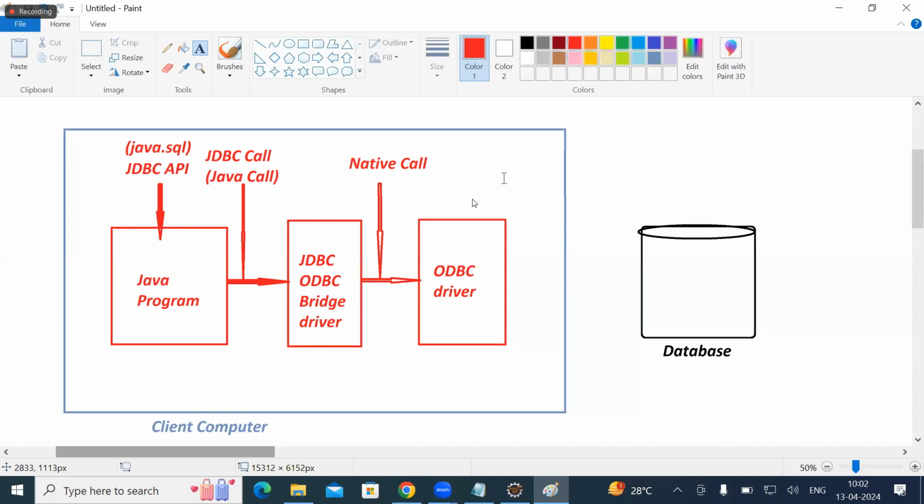Native means platform dependent. We are converting the JDBC call into a native call. Native call means OS. This native call will be taken by the ODBC driver. This ODBC driver will convert your call into a database specific call.